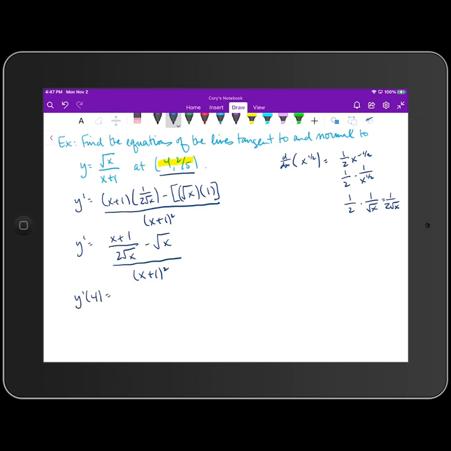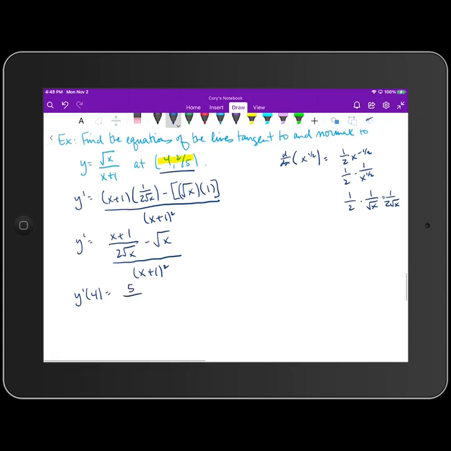So when I plug 4 in the place of x, 4 plus 1 is going to make that smaller numerator 5, over 2 rad 4, which is 2 times 2, which is going to be 4, minus rad 4, which is 2, all over 4 plus 1, which is 5, and 5 squared is 25.